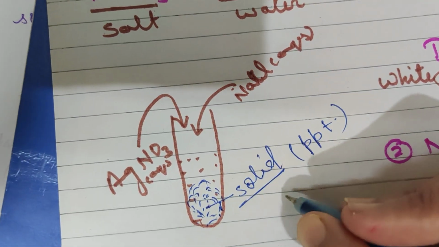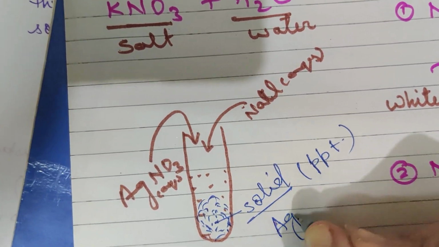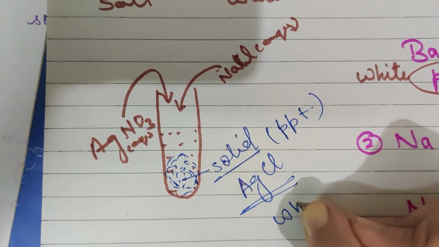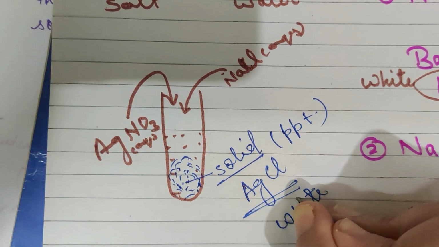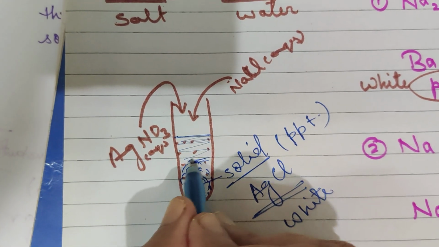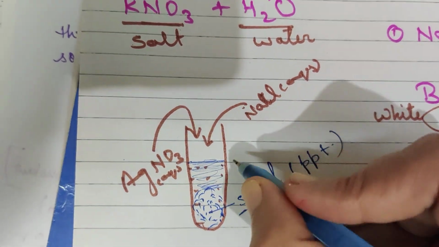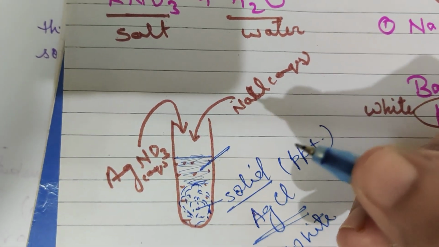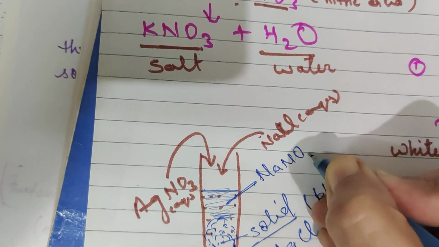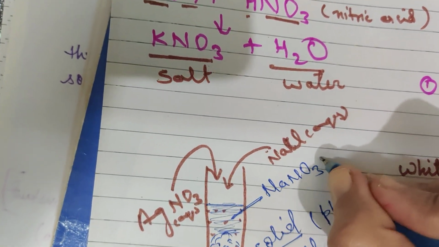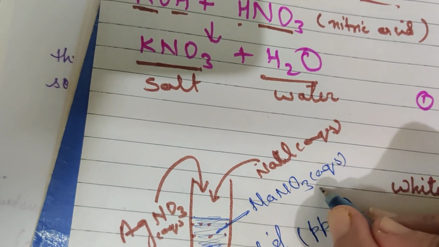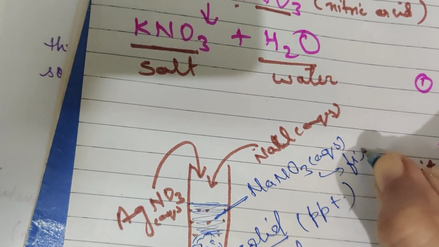As in the above example, it will be AgCl, and AgCl is a white colored PPT. And in the liquid part above, there will be the soluble salt, that is NaNO3. NaNO3 will be in the soluble part, that is aqueous solution, and it is known as filtrate.